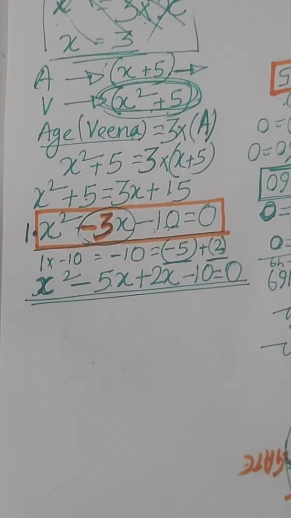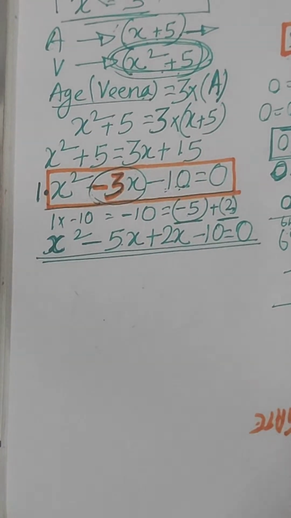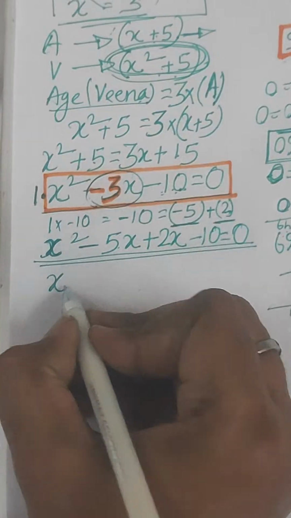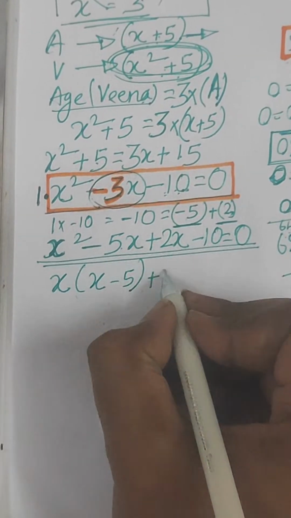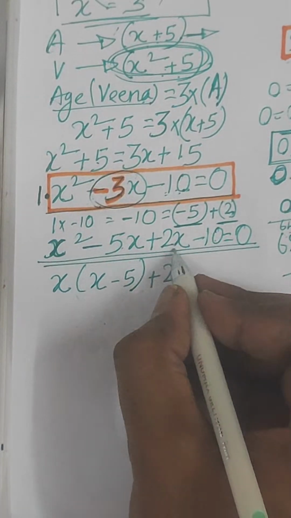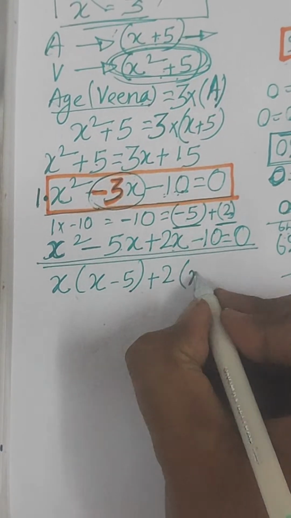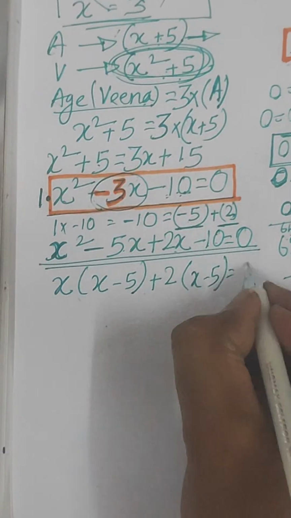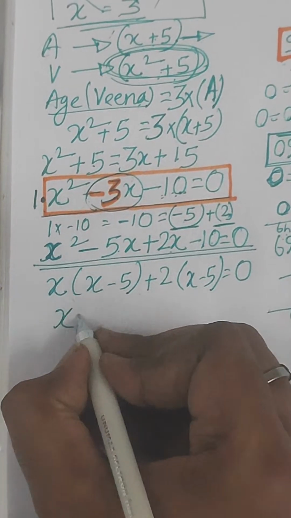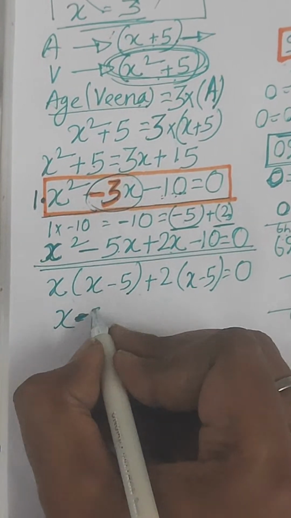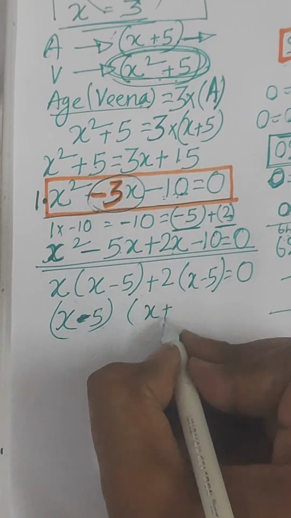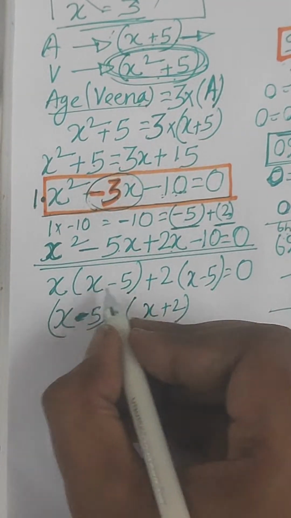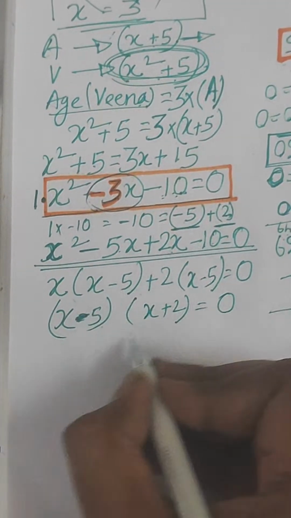Now when x is taken as common, this will be x minus 5, and when 2 is taken as common from the last two terms, we have x minus 5, right? So this will give you (x minus 5)(x plus 2), because x minus 5 is taken as common, is equal to 0.